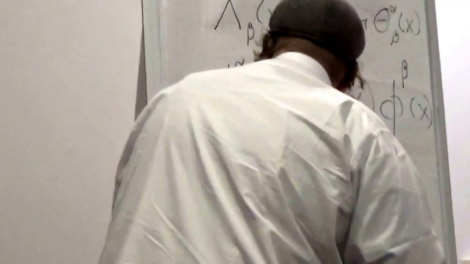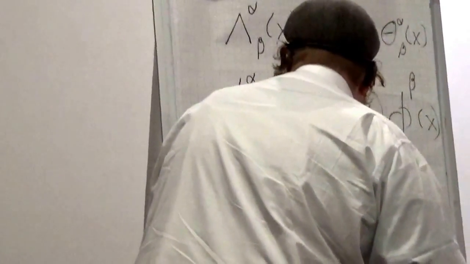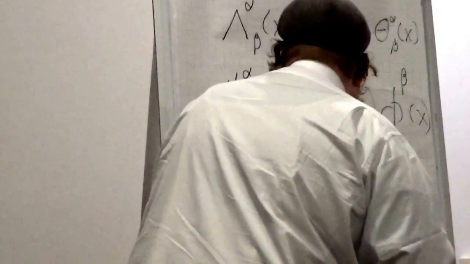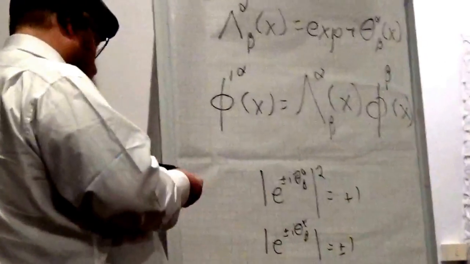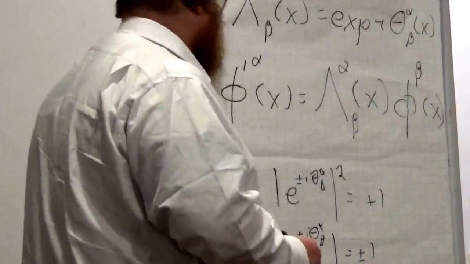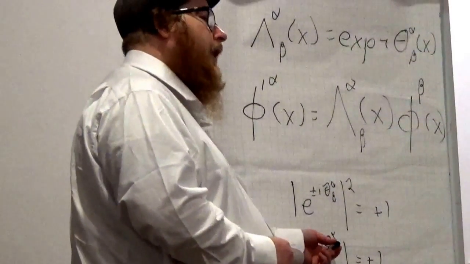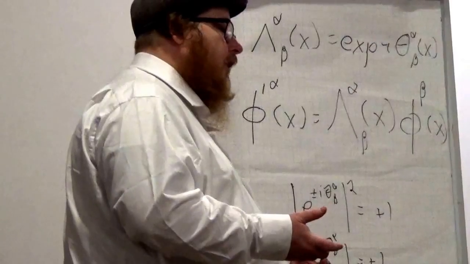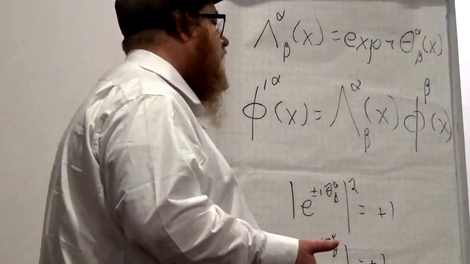So for physical operators, what you have is that this is equal to plus or minus 1. That's where we get quantization from. Because basically what that's going to allow is just theta has to be integers of pi.